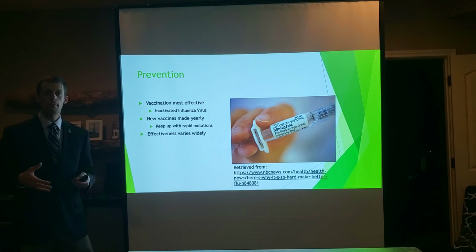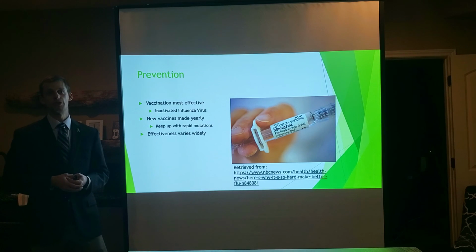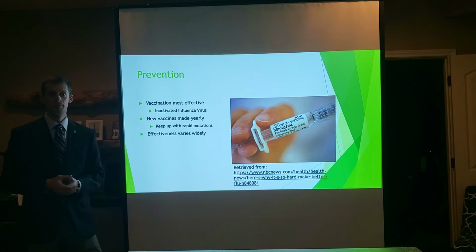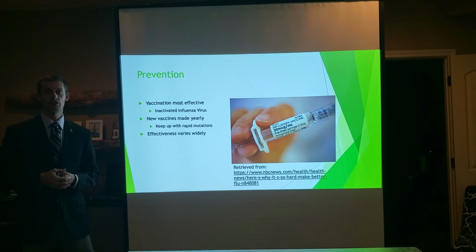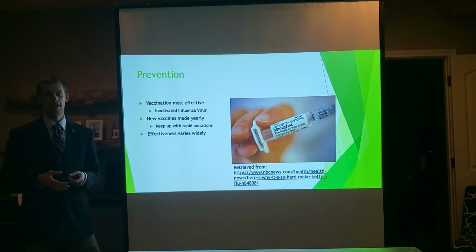New vaccines are made yearly to protect against new mutations of the glycoprotein spikes and distributed during the flu season. The effectiveness of the vaccines varies widely by year, type of influenza strain, and the age demographic, but generally they are anywhere from 40 to 80% effective.